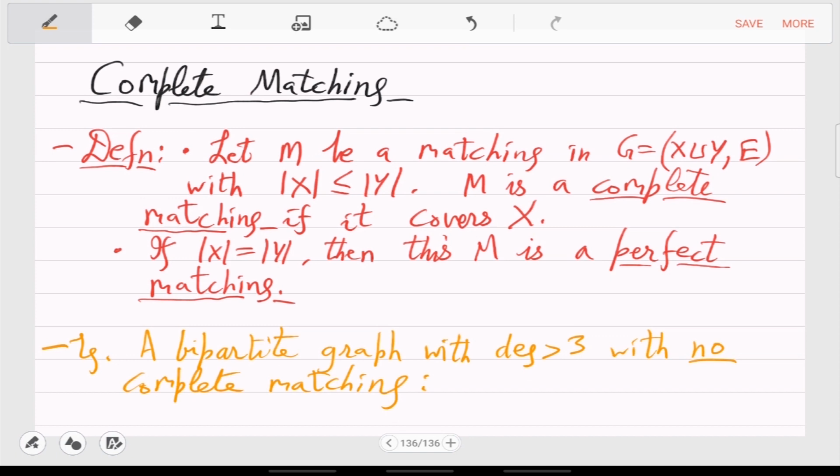So this is actually a simple construction if you think in terms of complete bipartite graphs. So let's take, obviously, if you look at K_{d,d+1}, in that case you will have a complete matching, right?